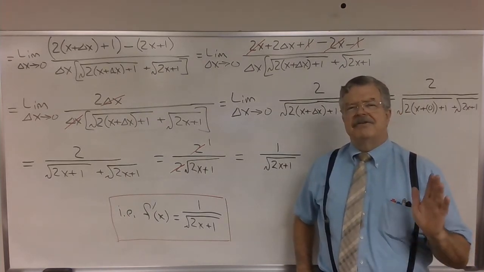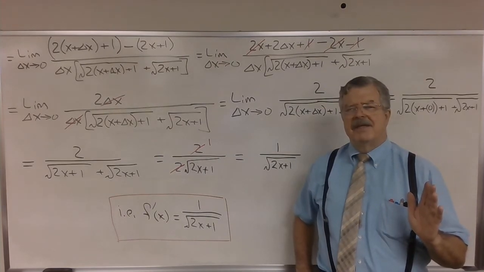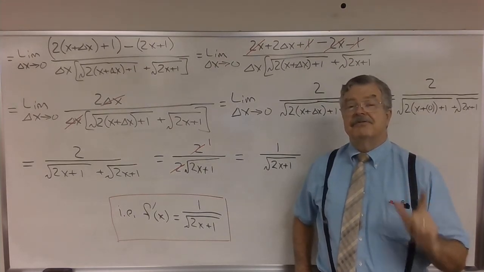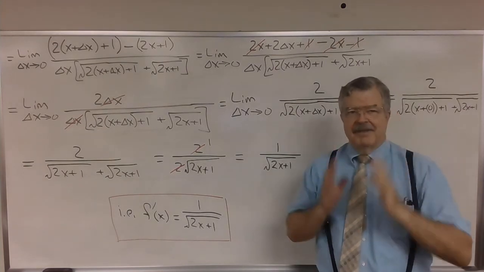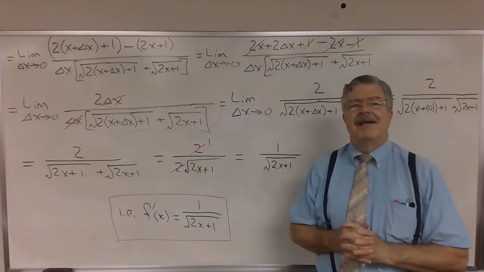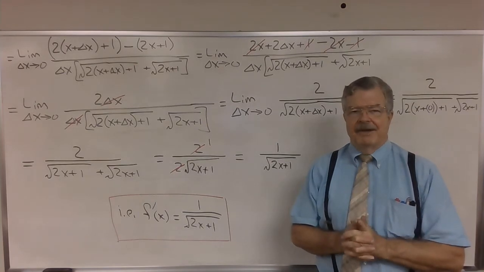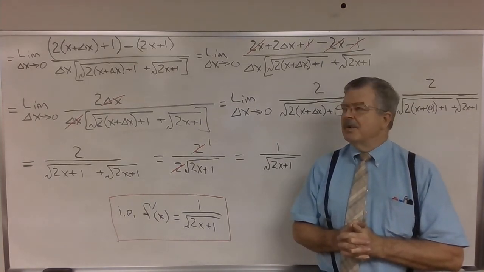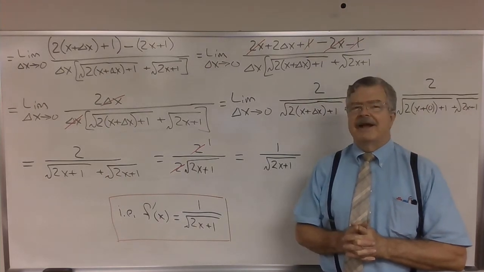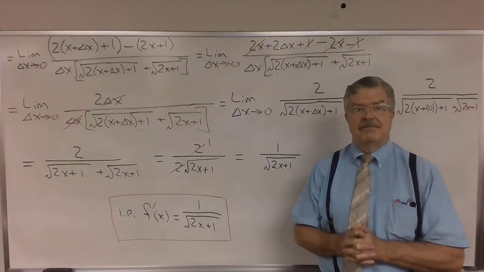Let's see, didn't the directions tell me that I wanted to compute the slope of the line tangent to the graph of f of x at 3 different points, where x was equal to 0, where x was equal to 4, where x was equal to 12?